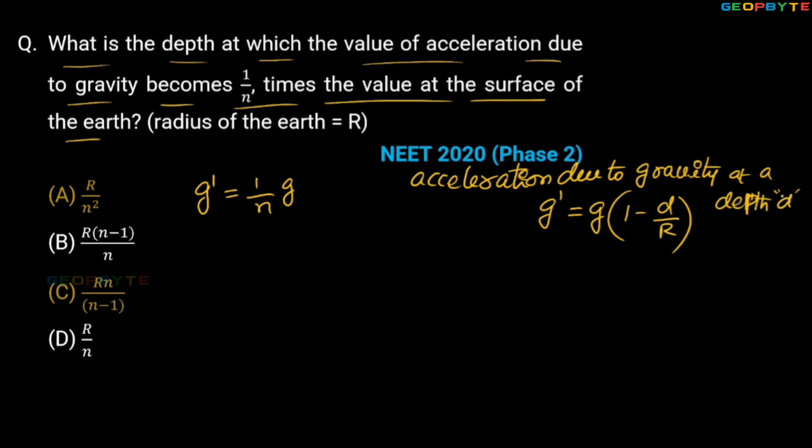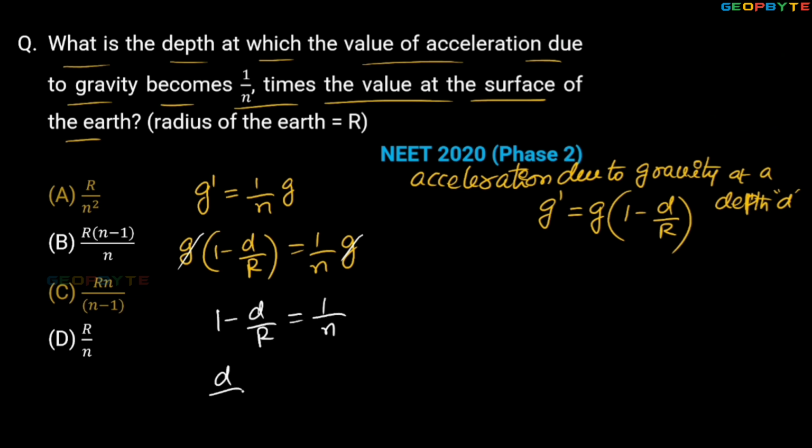At a depth d, in the place of g dash, let me write that value: g into 1 minus d by R equals 1 by n into g. This g part will be cancelled. 1 minus d by R equals 1 by n. From this, d by R equals 1 minus 1 by n, so d by R equals n minus 1 by n.